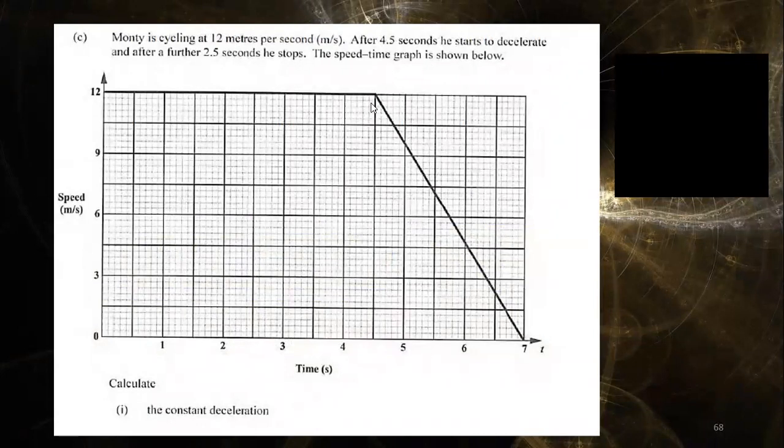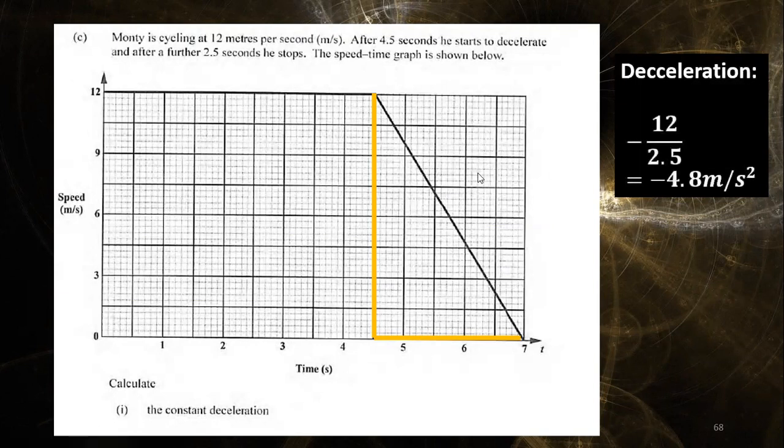The gradient of a speed-time graph is the acceleration or the deceleration, so you have to look at the rise and run. It's going to be 12 over 2.5, since the length from here to here is 2.5. So it's going to be negative 4.8 meters per second squared. Why is it negative? Because the line is sloping to the left. Any questions there?